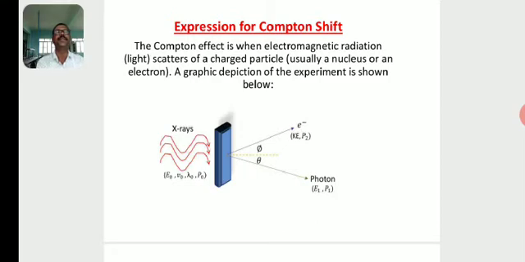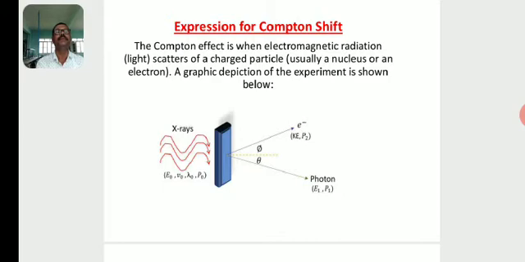X-rays from the source are made to be incident on the target, then the electrons are ejected from the target, and at the same time the photons are emitted from the material.